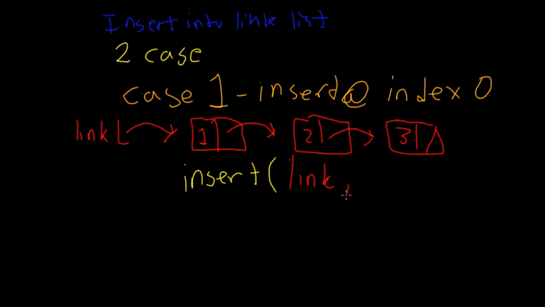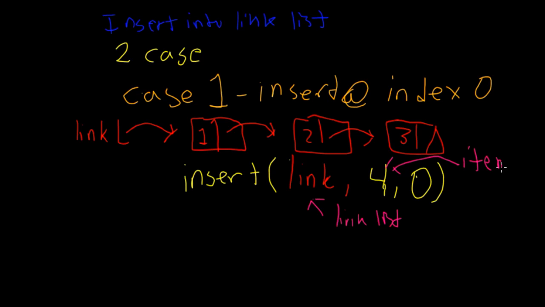So let's say I want to insert 4 into the first position, and the first position in the linked list is going to be the 0th index. So this is going to be our linked list, this is going to be the item right here, and this is going to be our index. So this is how this all works.